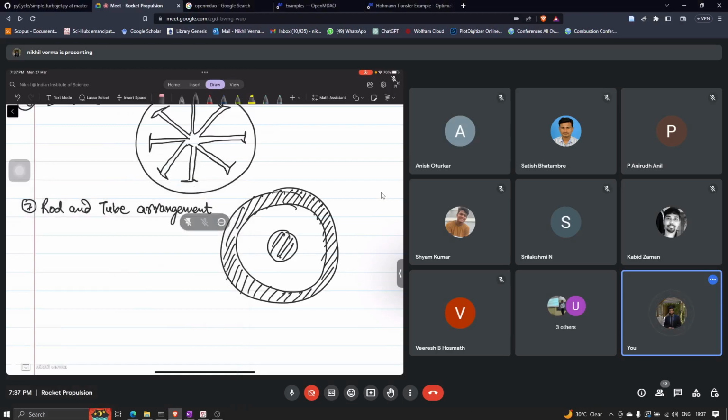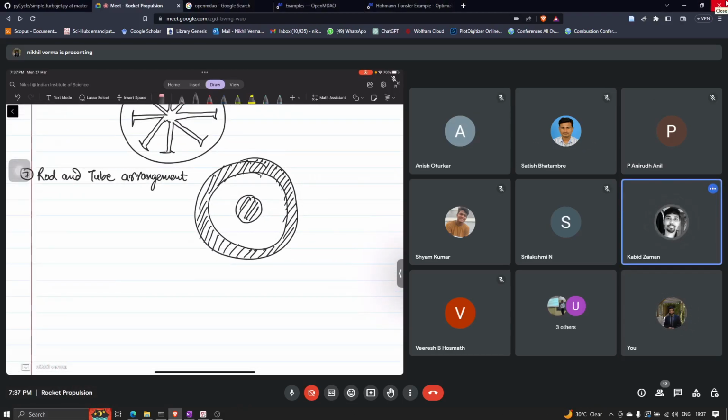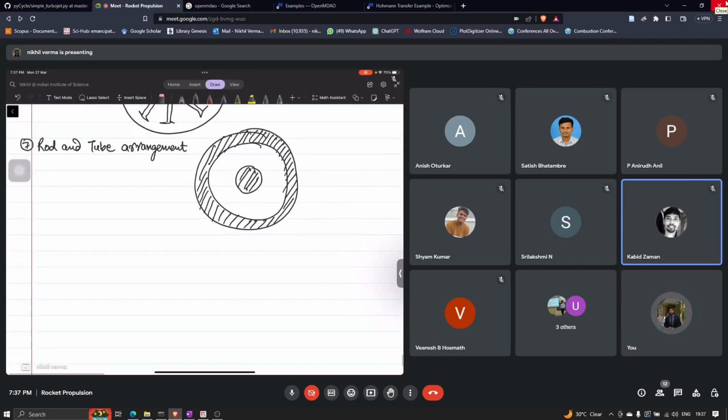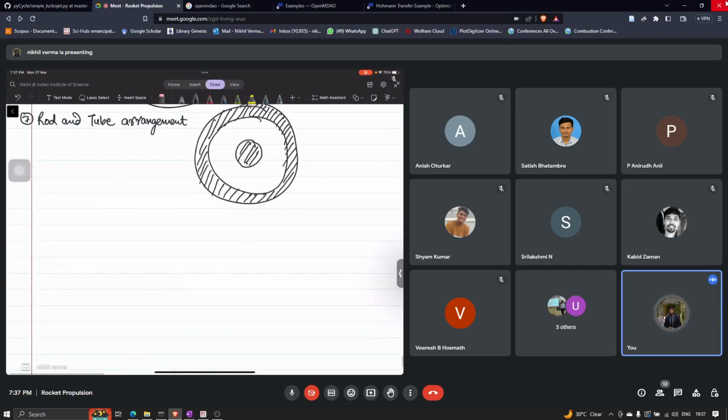This one is used, I guess, in real rockets. They have all been tested to some extent, but probably the most common are your star grain and your tubular grain.